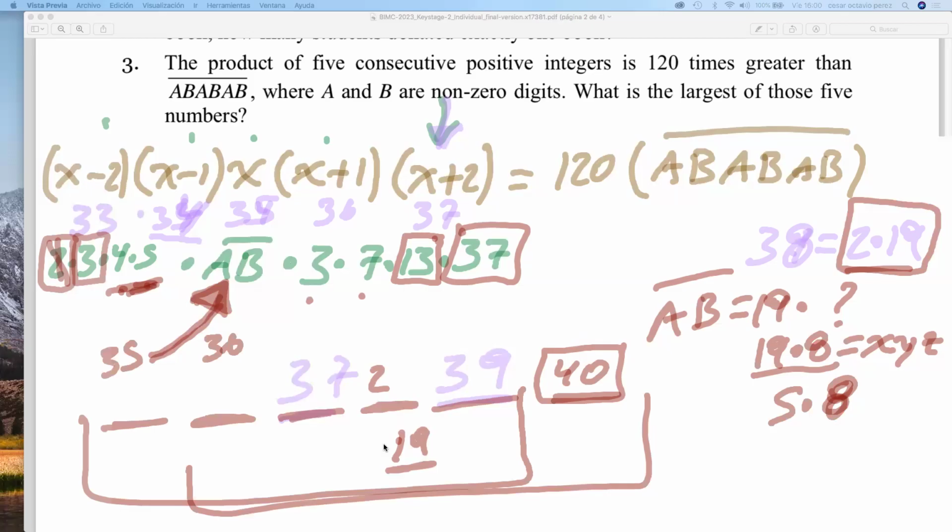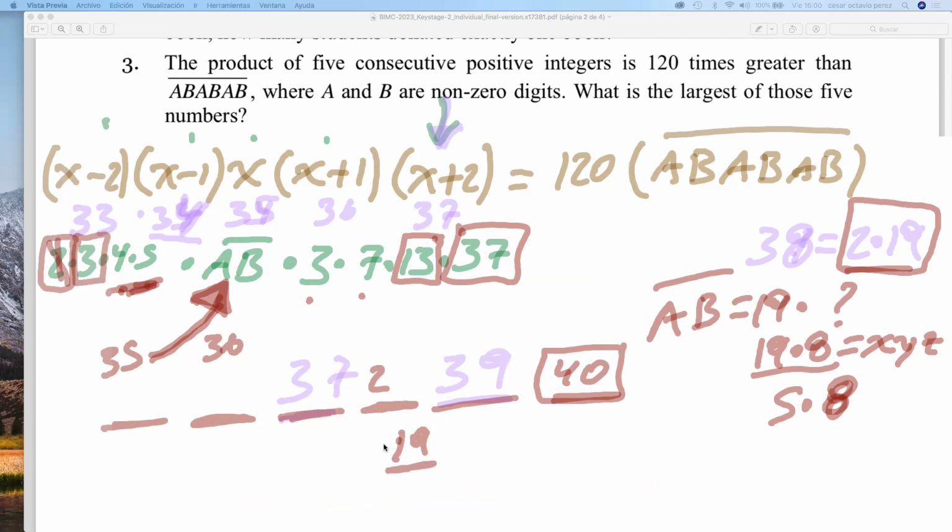Do you understand why? Yeah. Ok, entonces hay que ver si podemos formar el 40. If we want here, let's try first this case.